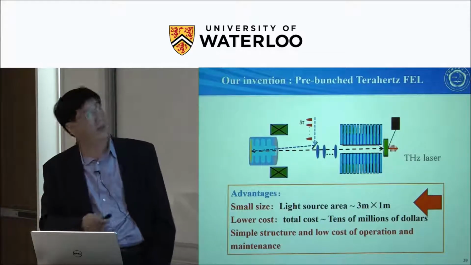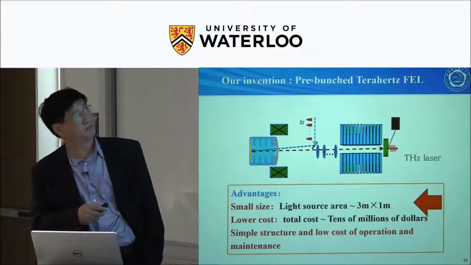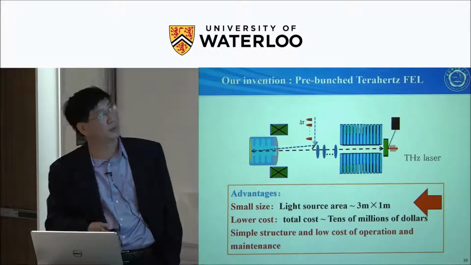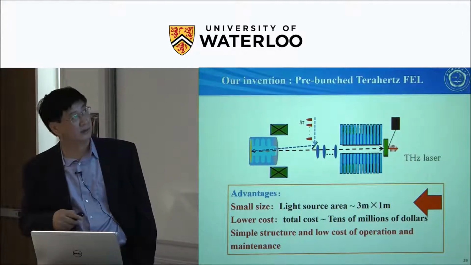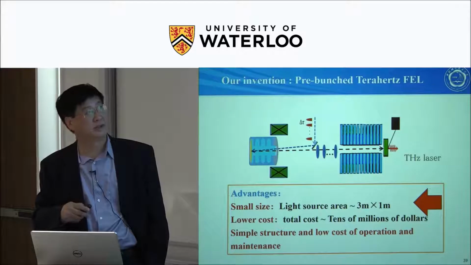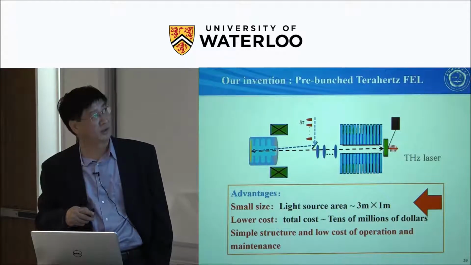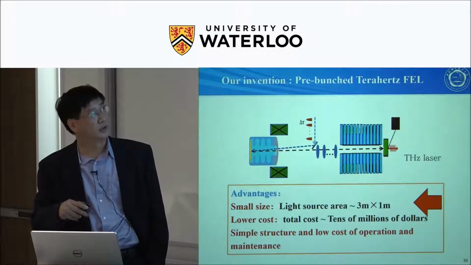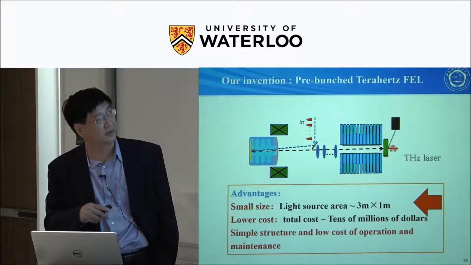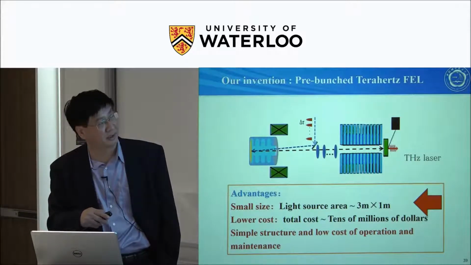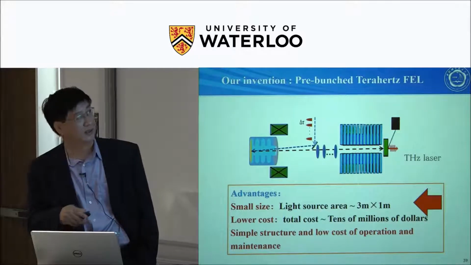So this is my invention of the past 2 years. I call this a pre-bunched terahertz FEL. What it really is, I'm going to use a femtosecond laser, synchronized with the timing between these pulses, okay? So we shoot this on the electron gun, the electrons generated from here are accelerated, then well modulated in this system here.